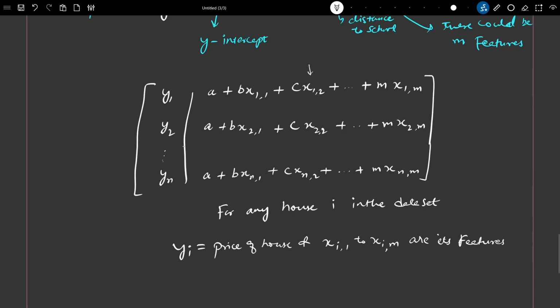So any house is represented by i. For example, for y2, i will be 2. Then the features x21 to x2m will be the features of that particular house. Okay.